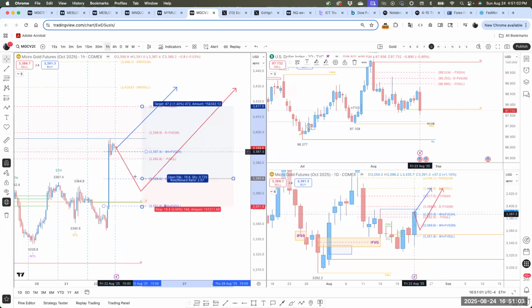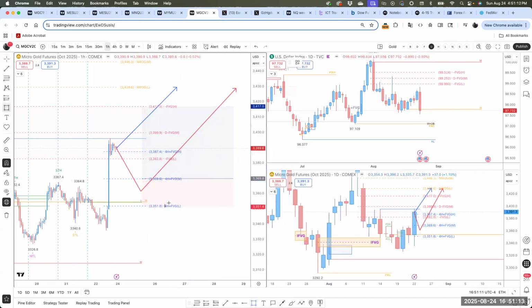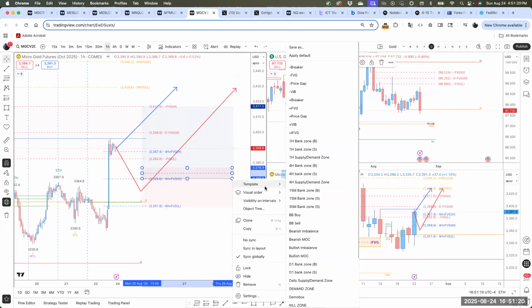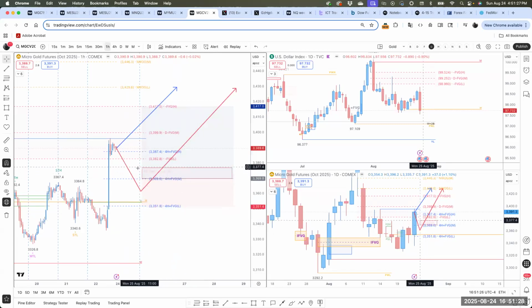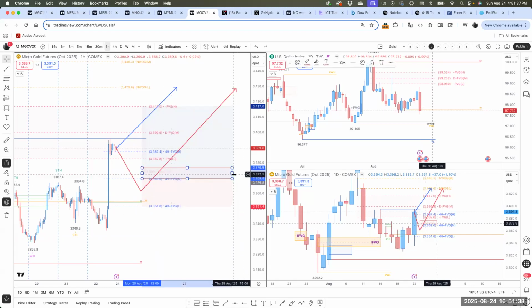So instead of taking this sell, I'll probably just look to let this happen and then see if I can get my entries. Let me broaden the range. So we'll be looking at this quarter area right here. So I'll be looking at anywhere between 33.76 down to 33.69 for entry on gold.